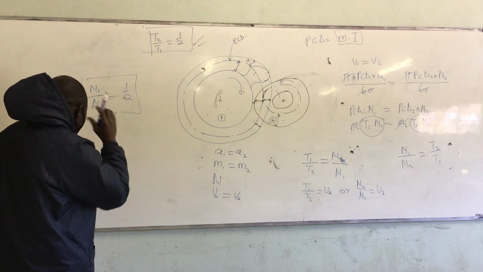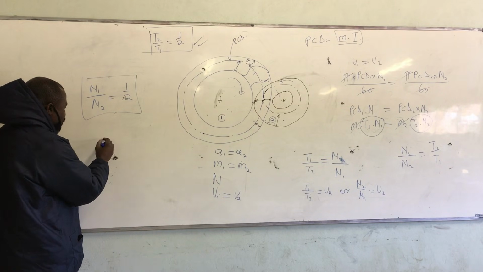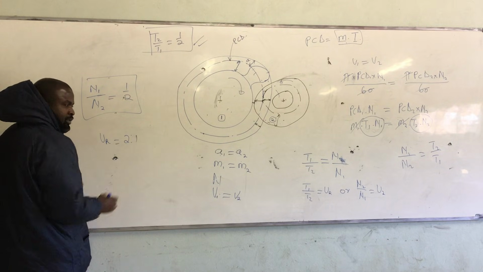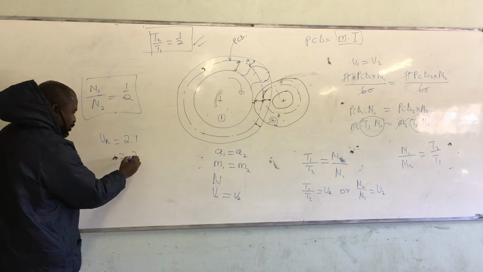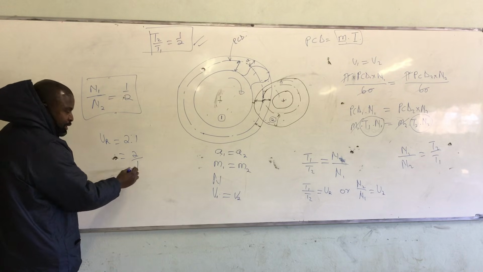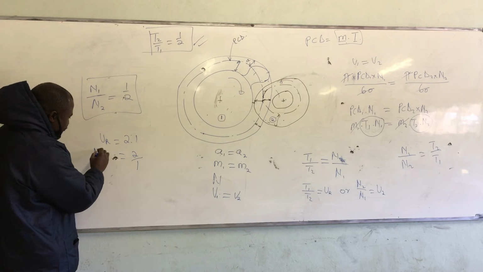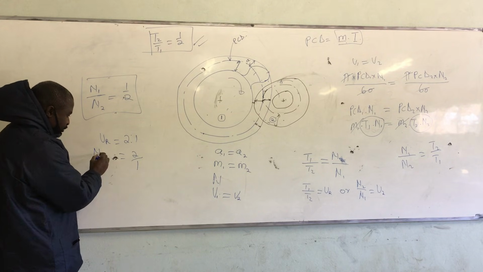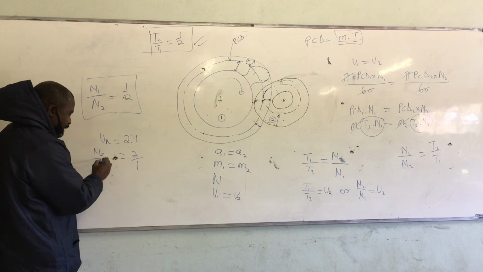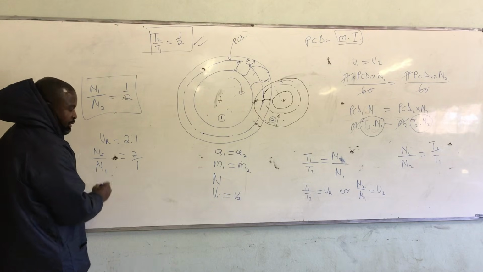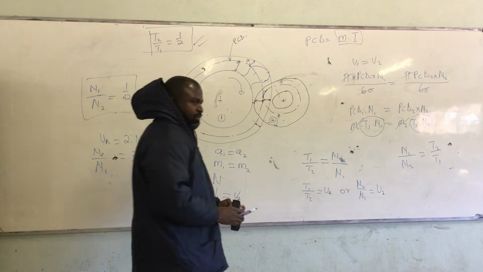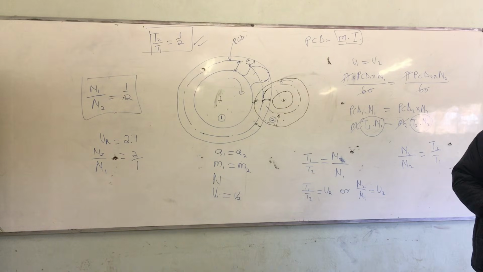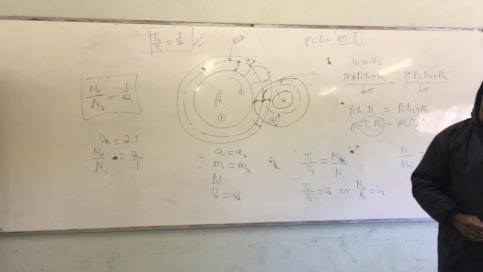So sometimes they will say your velocity ratio is equal to 2 is to 1. This one is the same as 2 over 1, right? So in this case, which goes on top, which goes at the bottom? Those are for the gears which mesh together.